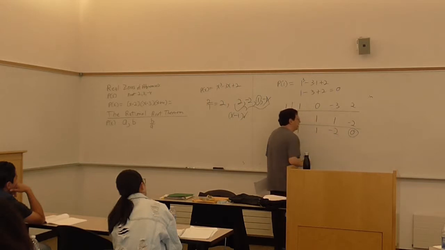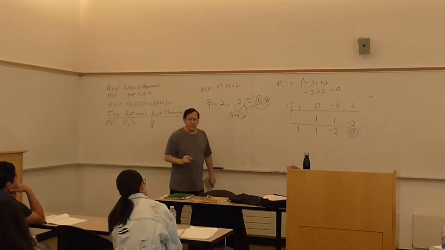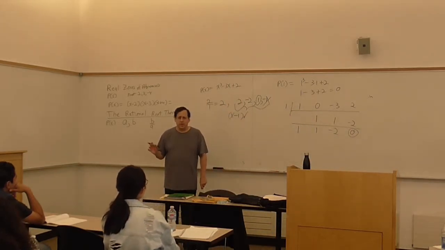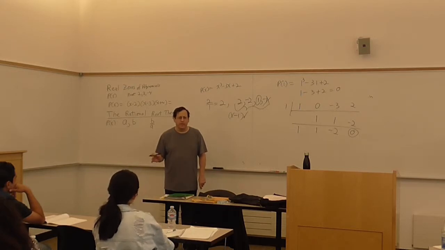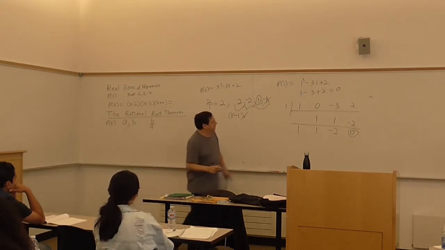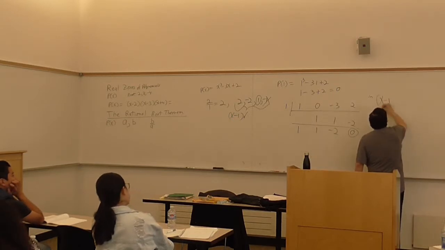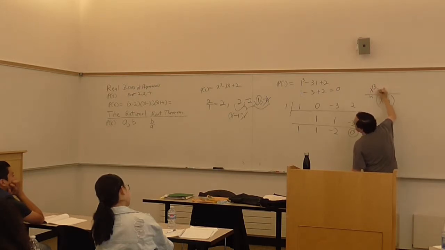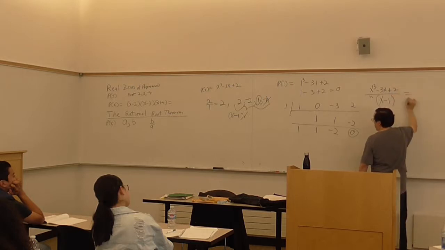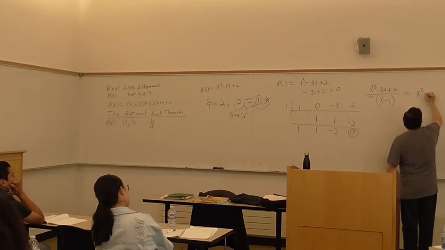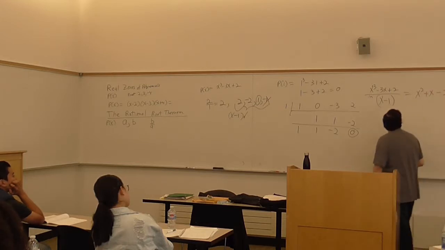Oh, good, it worked. Is everybody comfortable with that? Because I'm not. This tells me that x minus 1 divided into x cubed minus 3x plus 2 is, and then I just have to write down the coefficients here, x squared plus x minus 2. Right?